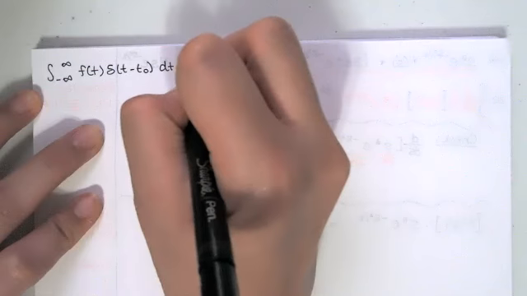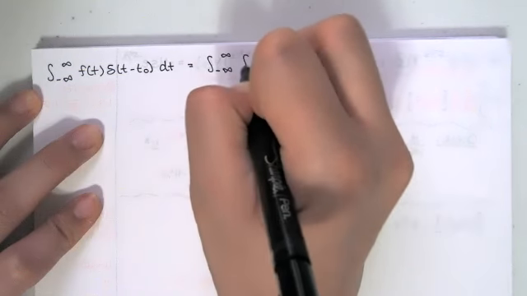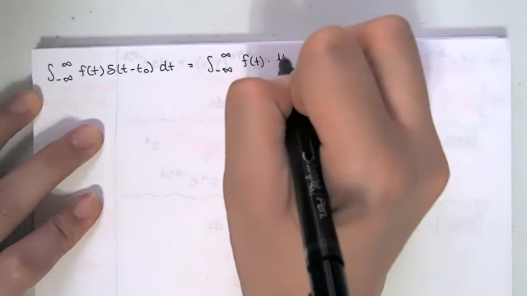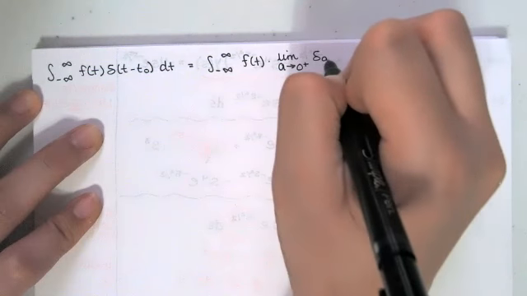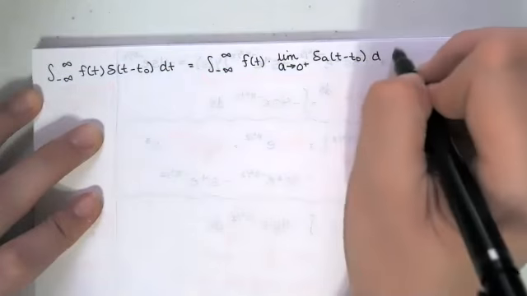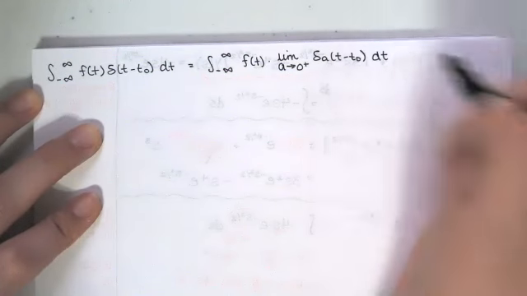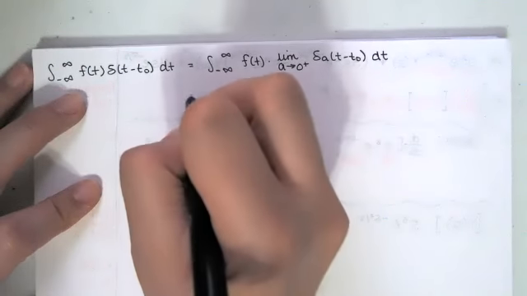So we'll say that this is the same as the integral from negative infinity to infinity of f of t times the limit as a approaches 0 from the right of these delta sub a functions. And let's assume that we can pull that limit outside of our integral here.